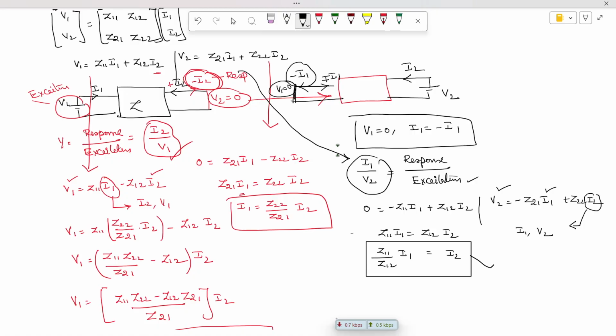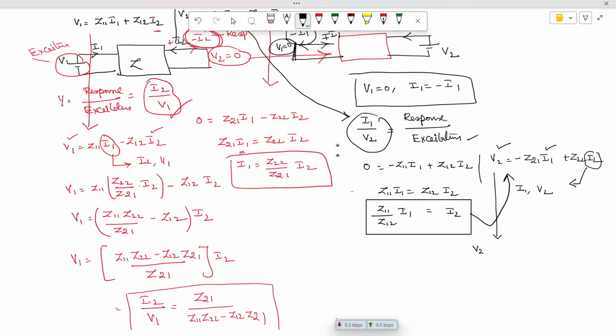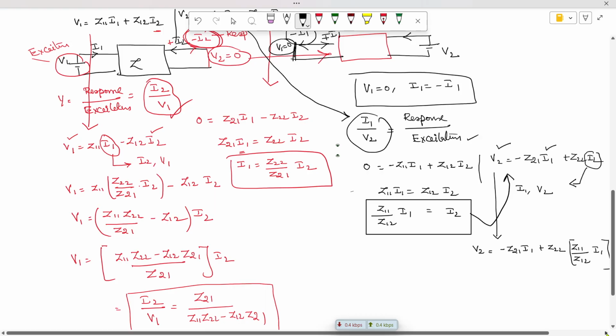Now use this in this expression, and we need to find out I1 by V2. So V2 is equal to minus Z21 I1 plus Z22 I2. What is the value of I2? We are going to get Z11 divided by Z12 into I1.